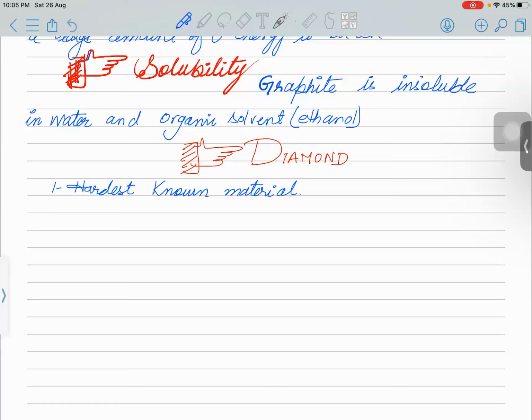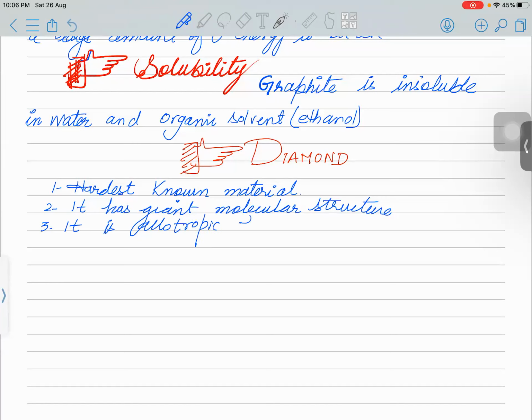Number two, it has a giant molecular structure. It is an allotropic form of carbon.